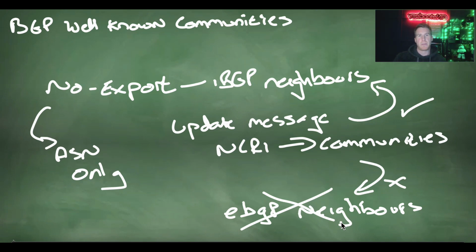With no export, those routers will forward on those update messages containing those communities, those network layer reachability information. It will forward it on to IBGP speaking routers within the same autonomous system, but it will not forward it on to another autonomous system, because that is outside of its own autonomous system.